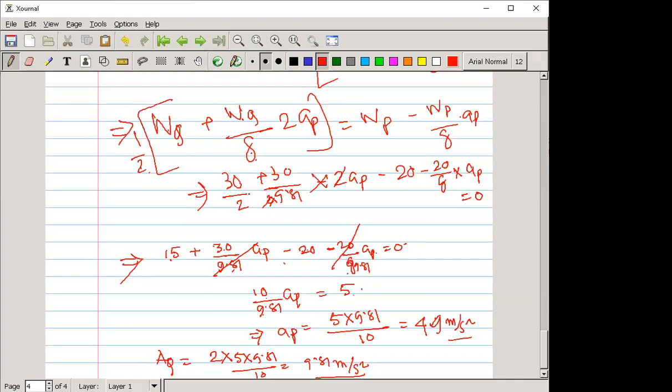Here WQ is 30, then 2G. So 2 into 9.81 into 2 AP is equal to, that I bring to this side. This WP is 20 here. So it comes to that side, so this will be minus 20, then minus 20 by G into AP.